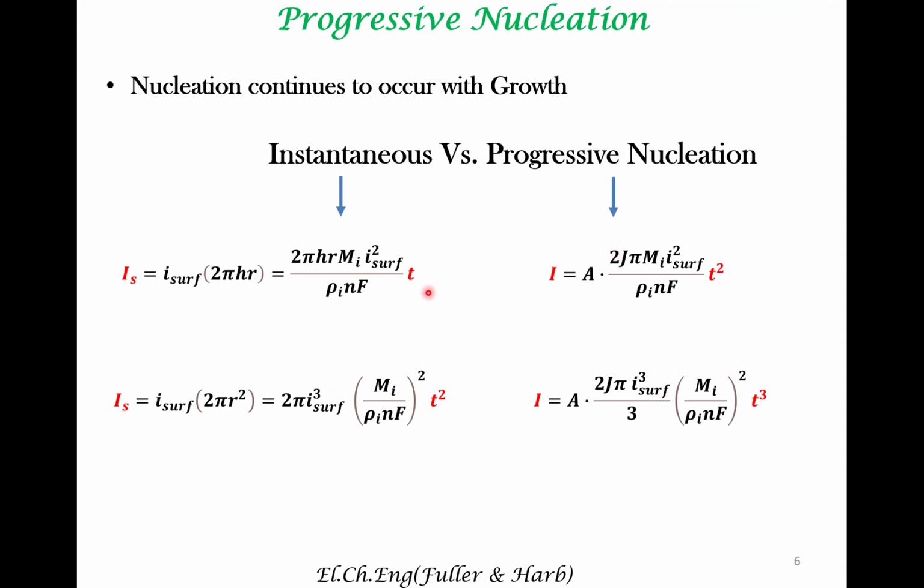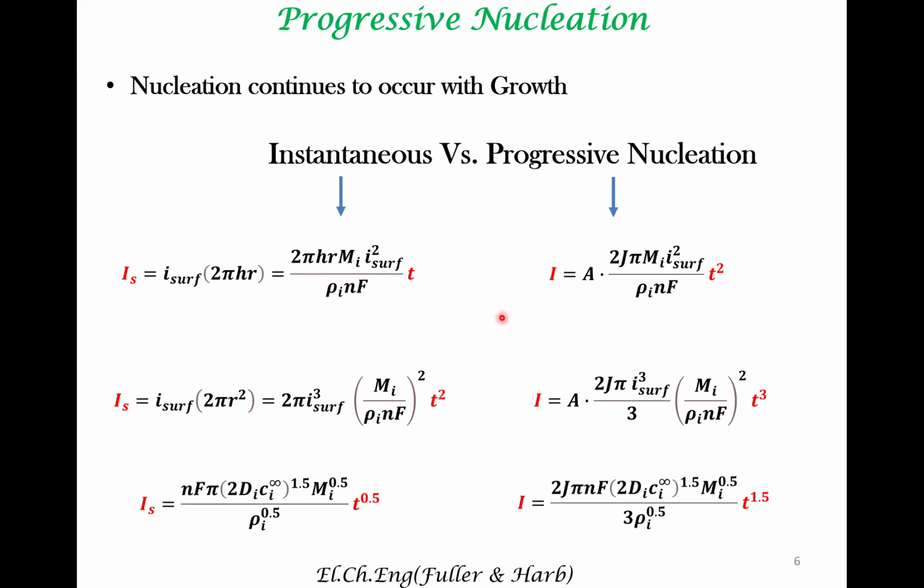These expressions are for when the overpotential is low, the transport is not controlling. These expressions are for wherein transport is controlling. We have not attempted to derive any of these expressions. For further details, you can look at the references quoted in the textbook.